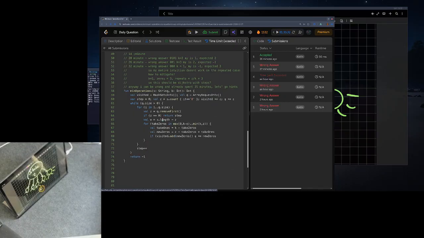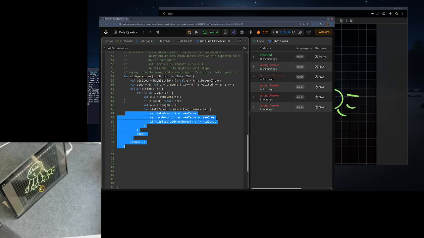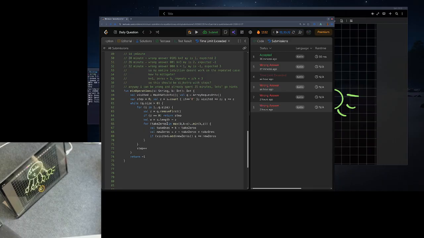Now let's look at a solution that actually works but has a time limit exceeded exception. This is exactly the same idea, but for the take zeros we consider the maximum and minimum value we can take.